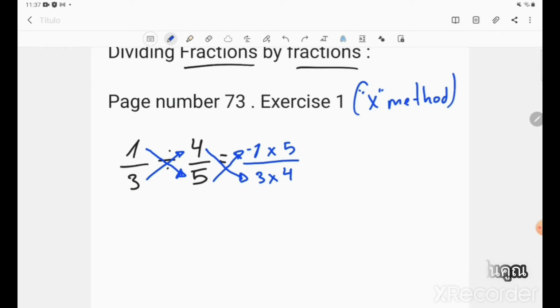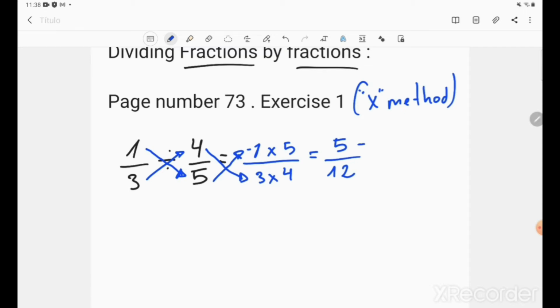So what is the result? The result is 1 multiplied by 5 equals 5, and 3 multiplied by 4 equals 12. Okay, if we can, we need to simplify.